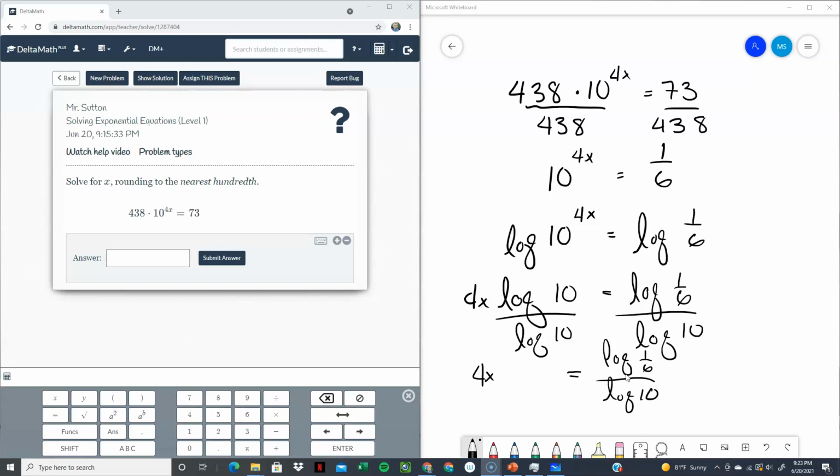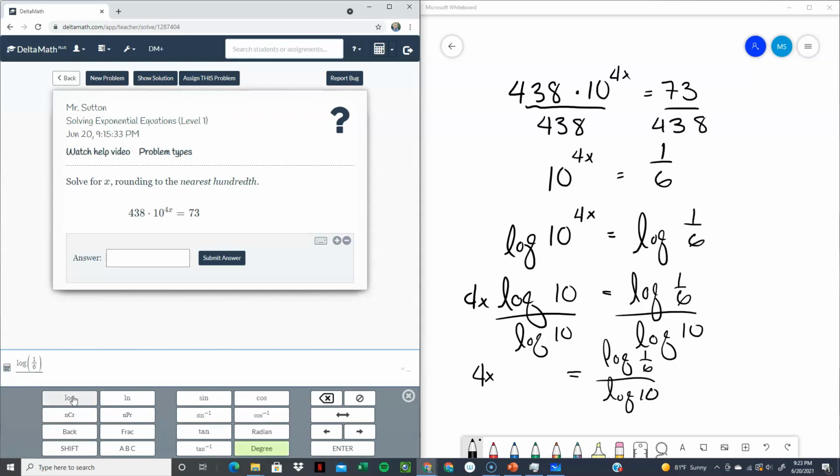So I'm going to go ahead and plug this into the calculator here. So log of 1/6 divided by log of 10.